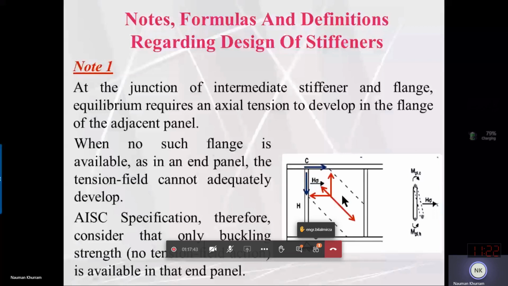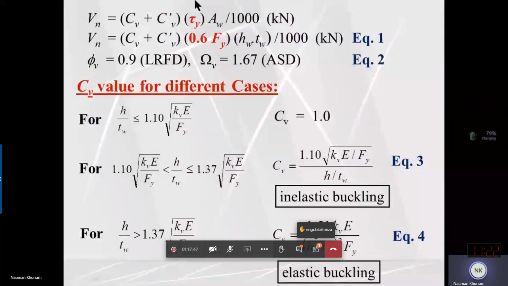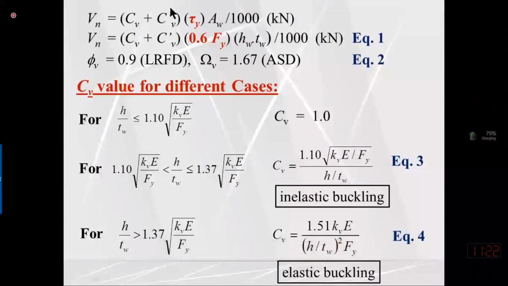And how can we compute the total shear capacity? Total shear capacity is computed from a fraction of the strength contributed by web buckling alone and a fraction of the strength contributed by tension field action, which can be determined by computing Cv and Cv prime values respectively.